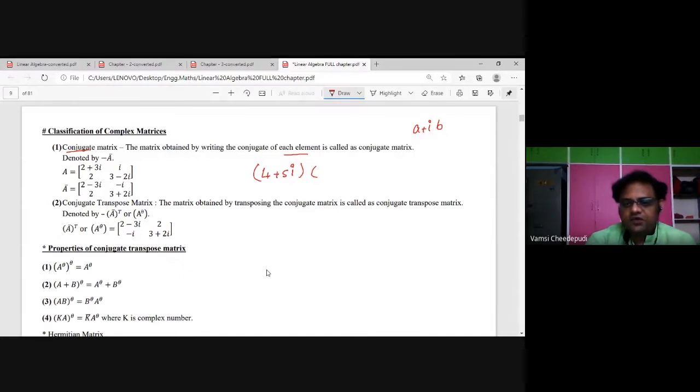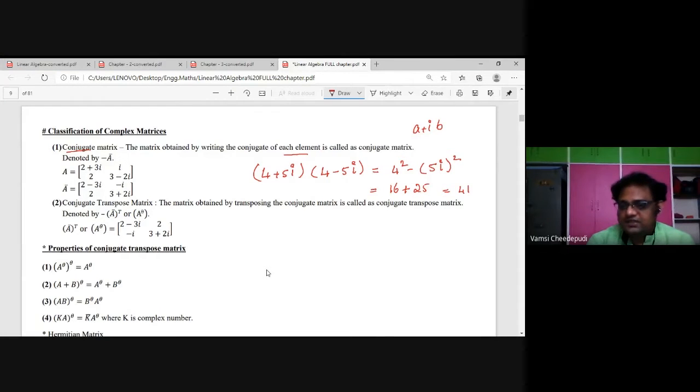If you multiply 4 plus 5i with 4 minus 5i, you can apply the formula a plus b into a minus b, which gives a square minus b square. That is 4 square minus 5i whole square. 4 square is 16, 5 square is 25, and i square is minus 1, so it becomes plus 25, giving 41.